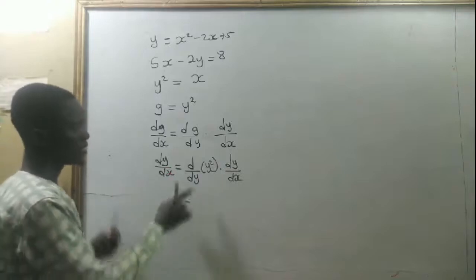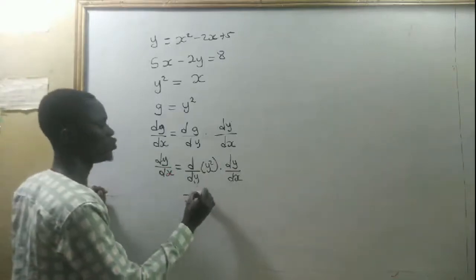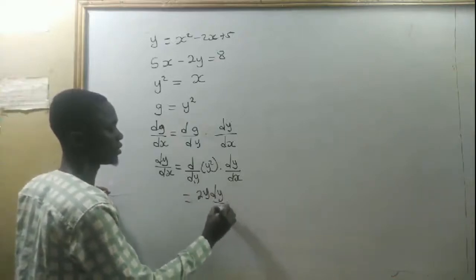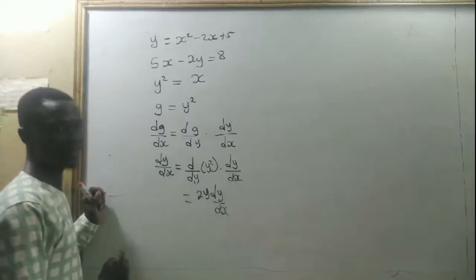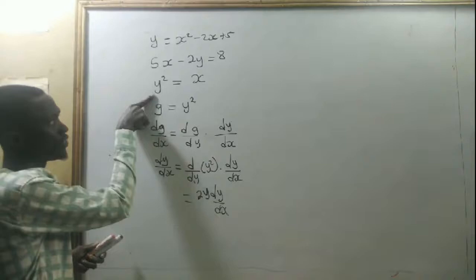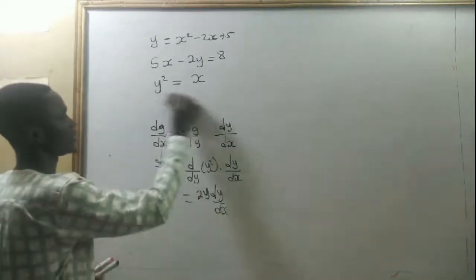If we differentiate y squared with respect to y, we get 2y, and we have our dy on dx. Very simple as that. So if I differentiate y squared with respect to x, this is the answer that I'll get.